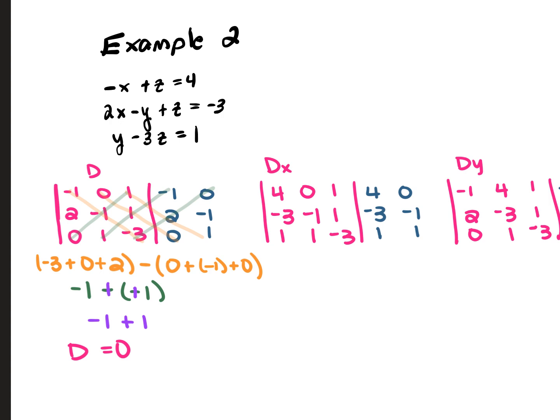From here, we're going to be finding d sub x. So for d sub x, we're going to start with 4 times negative 1 times negative 3. That gives us 4 times 3, which is 12. Then you have 0 times 1, which is 0. And 1 times negative 3 times 1 is negative 3.